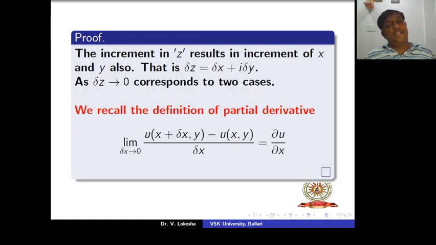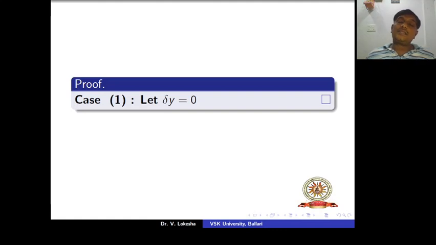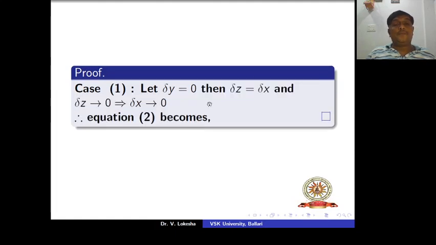Using the partial derivative definition, we can write dou u by dou x as the limit as delta x tends to 0 of u(x + delta x, y) minus u(x, y) divided by delta x. This is the definition of the partial derivative. Let us start with the case delta y tends to 0, then delta z becomes delta x, and delta z tends to 0 as delta x tends to 0.